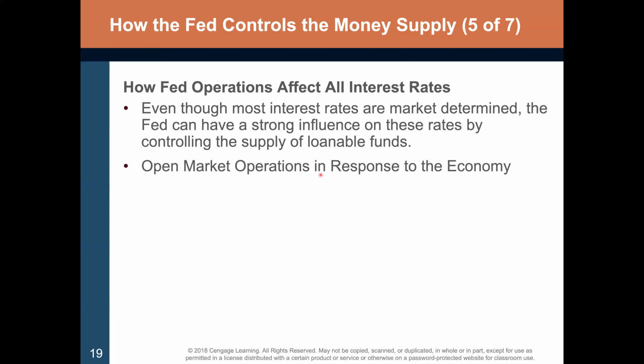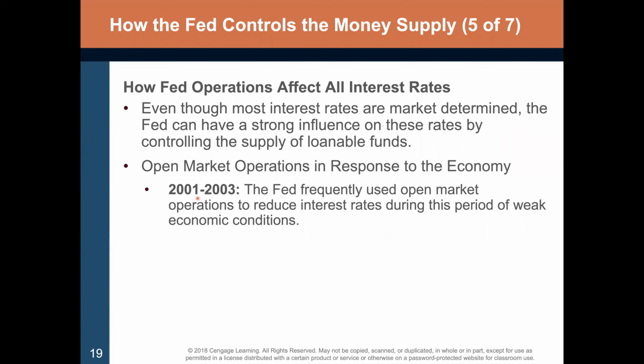Open market operations in response to the economy. In 2001 to 2003, the Fed frequently used open market operations to reduce interest rates during this period of weak economic conditions. You'll remember we had the dot-com boom at the end of the 1990s.